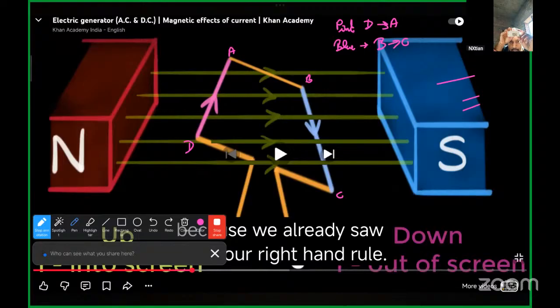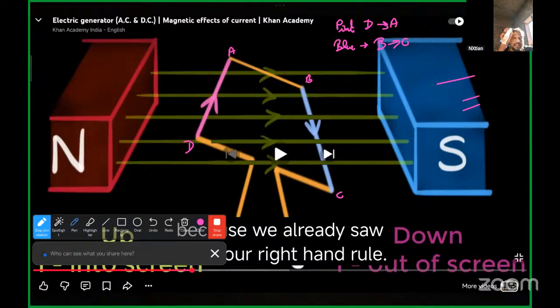Now the current is moving here, and from this it is coming from here. Now, if it is moved like this, now this is the blue one and it is going towards the upward direction. So if blue is going upward, the current in the blue will be like this. Means the current which was going from B to C, now it changes to C to B.